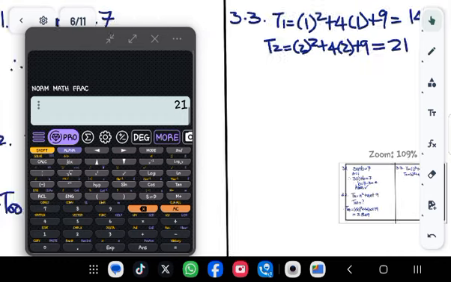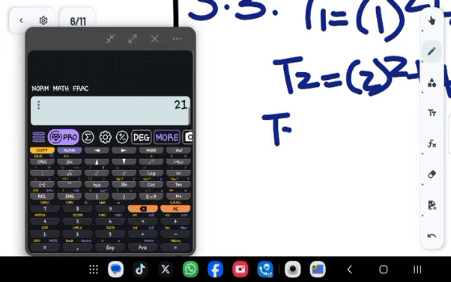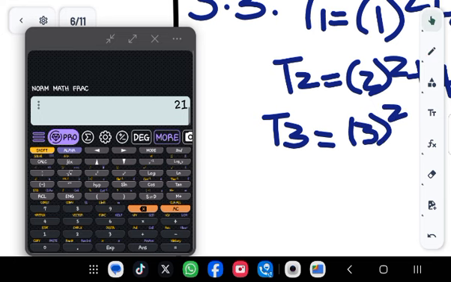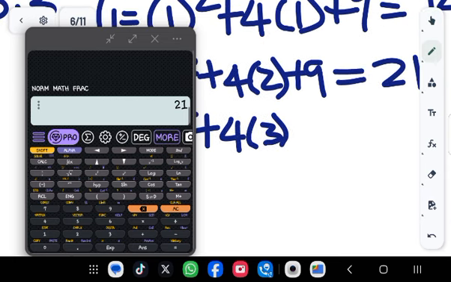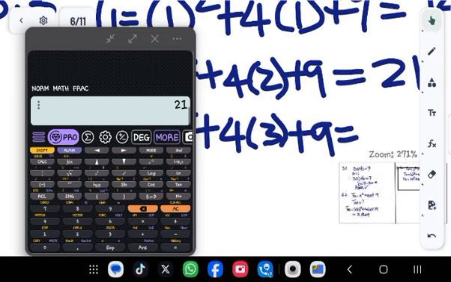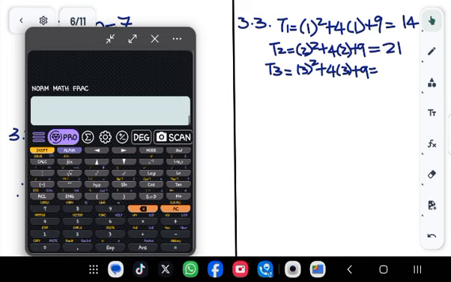Then term number 3 will be 3 squared plus 4 times 3 plus 9, which, using a calculator, equals 30.